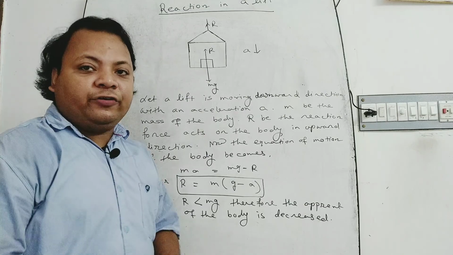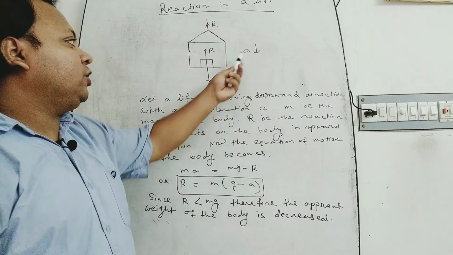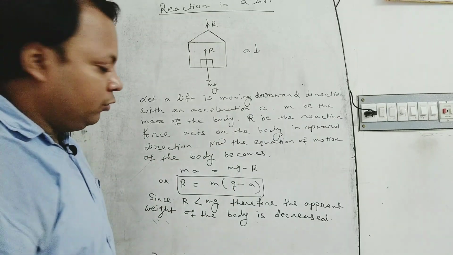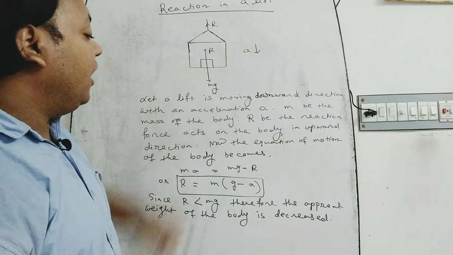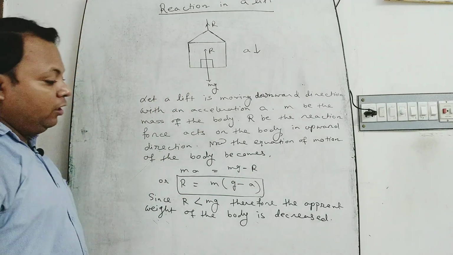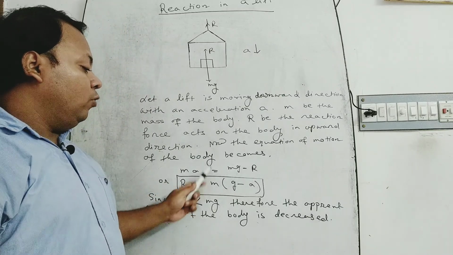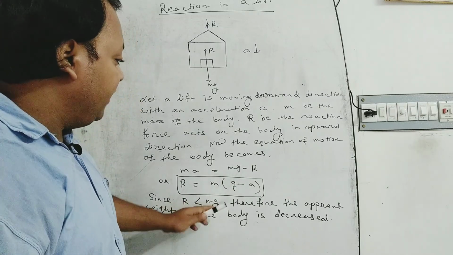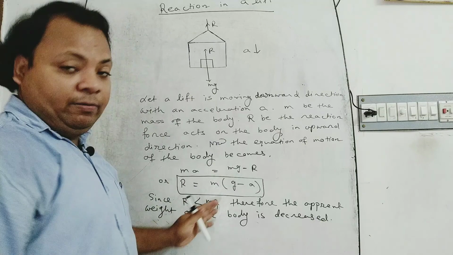When a lift is moving vertically downward with an acceleration a, its equation of motion will be ma = mg - R. Here R is the reaction on the body. Therefore R = m(g - a).